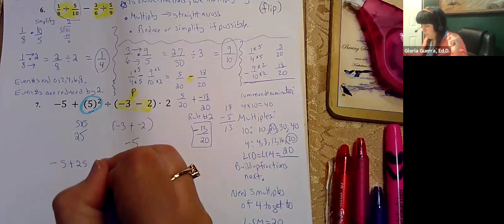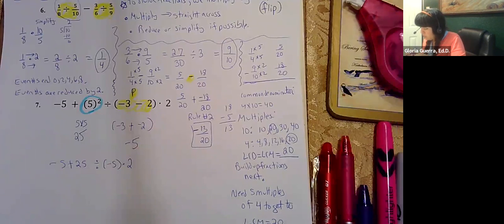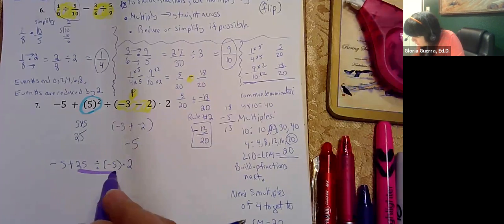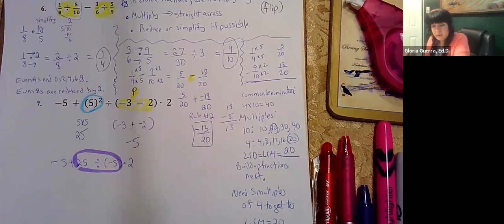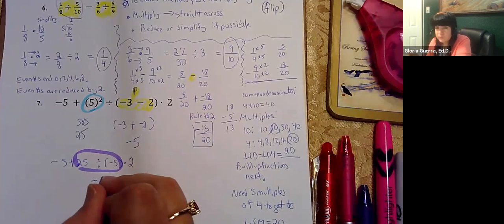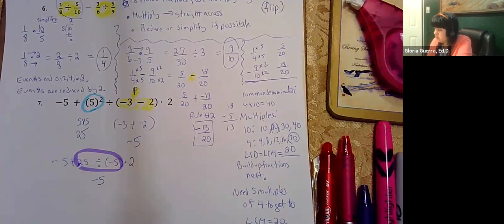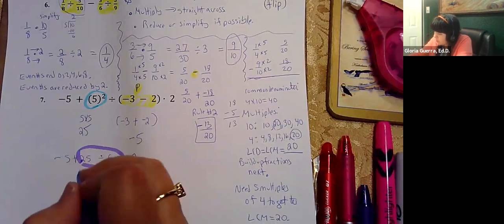And so you want to multiply and divide from left to right. And so we actually have division going on right here. 25 divided by -5 is a -5. Different signs produce a negative result. And then bring this down.